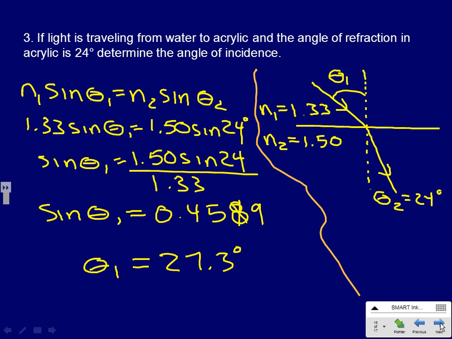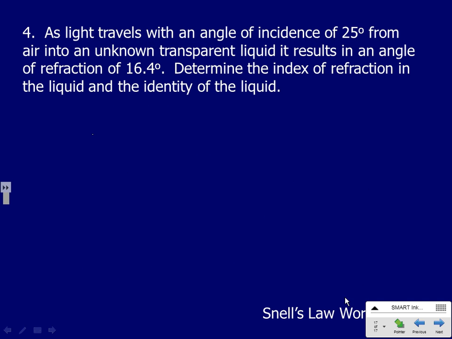So we could find theta 1 if we need to. I've got one more example before I let you work for a bit. And this last example has us actually calculate one of the indexes of refraction. So we could solve for n if we wanted to.